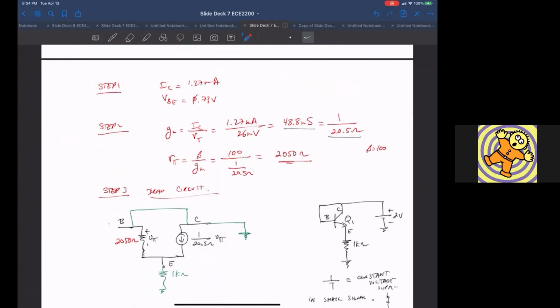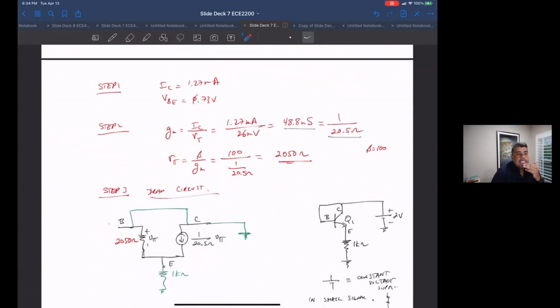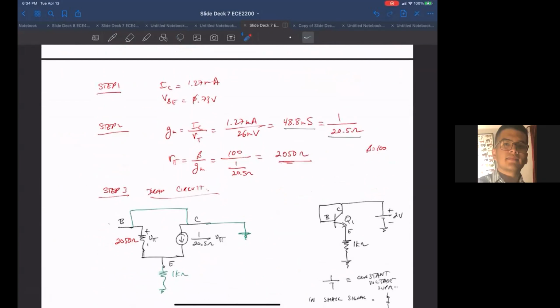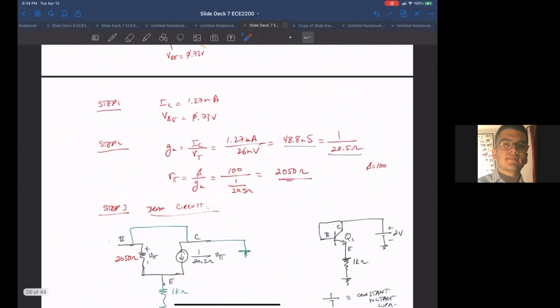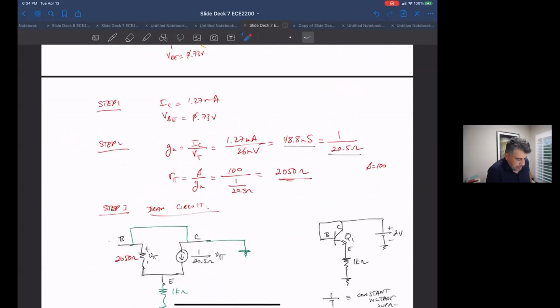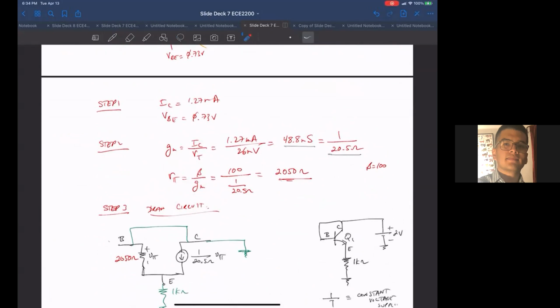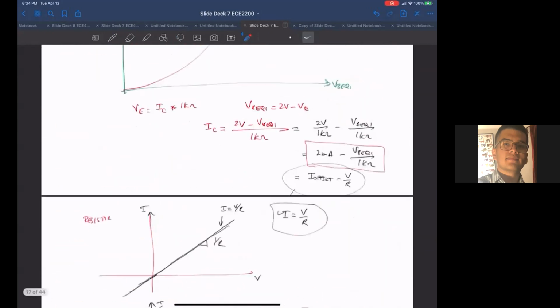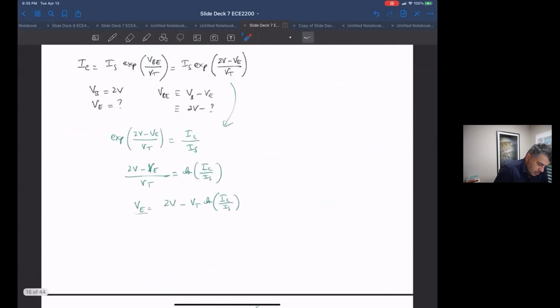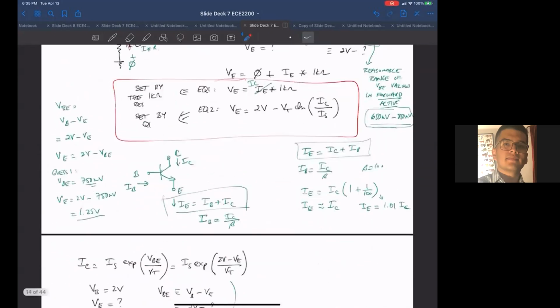So, Kevin? I just had a question about step 1. Just to be clear, where you guess the base emitter voltage and you plug it into your linear function of the resistor, and you have a value for VE.